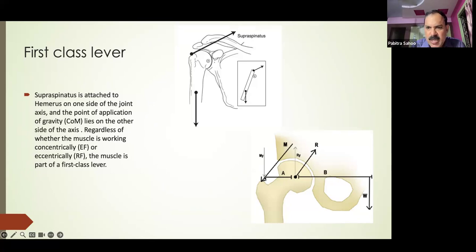Our aim is always to reduce the resistance arm and to increase the effort arm. This is another example of the first class lever in the case of the hip. The closer to the hip joint center towards the midline, the better the mechanical advantage for the hip joint.